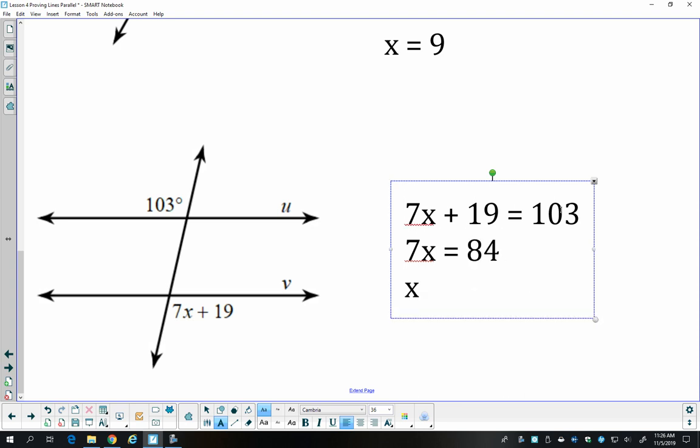And I'll divide both sides by 7 and find that x is 12. This looks like it's almost exactly like the last lesson, but it's important to think in the converse way, that here we're trying to make the angles either be equal or add to 180, so that relationship forces the lines to be parallel.